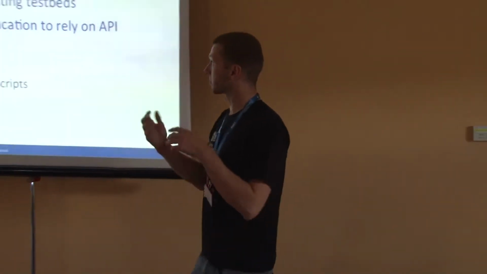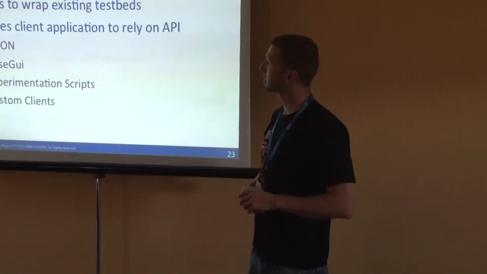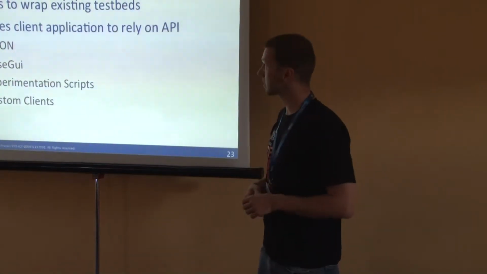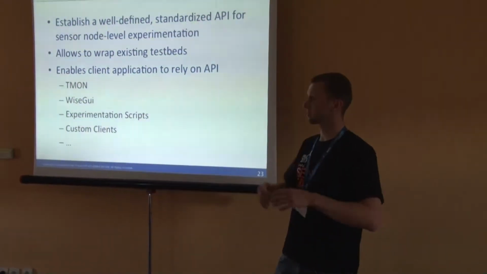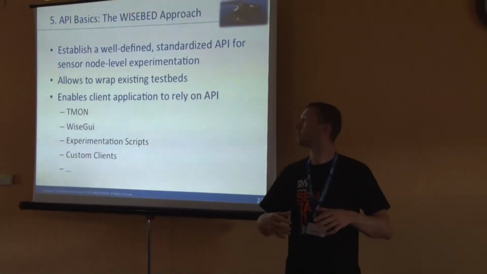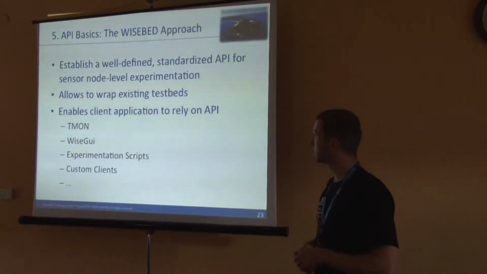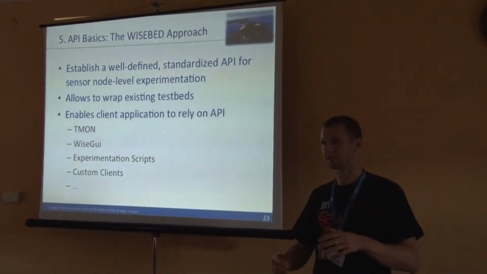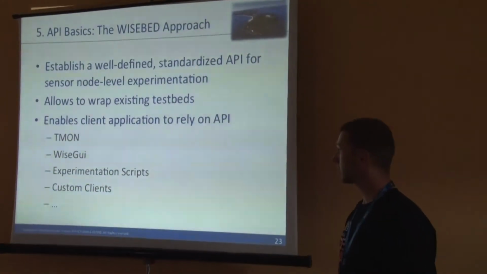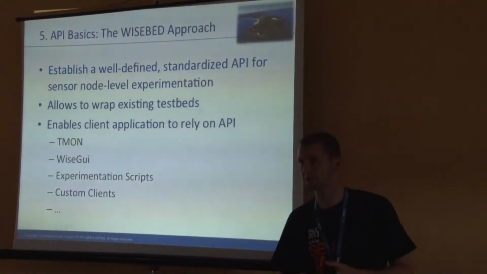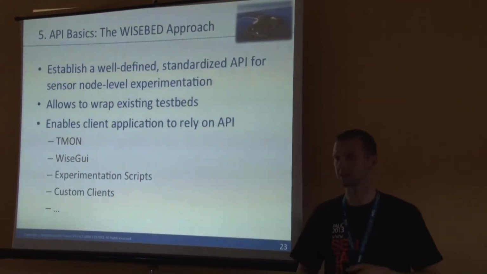Now this is like going back in time a little bit. The widespread approach to testbeds was that we first wanted to standardize some kind of API to be able to wrap existing testbeds, make our own implementations, which was kind of different to the approaches that other testbeds have been taken at the time.